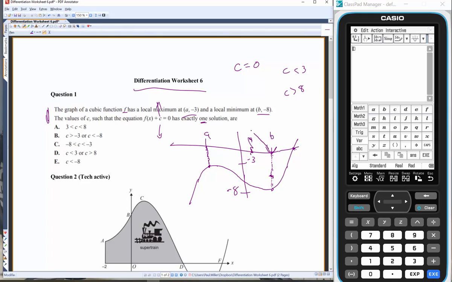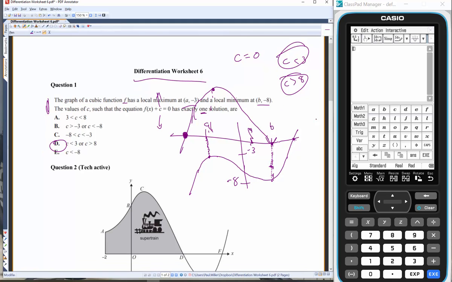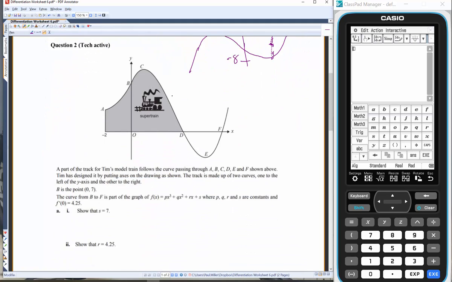Now, then we'll get like a local maximum somewhere up there, 8 units higher than it is there, and one solution will be over here, okay, when this is raised more than 8 units, okay? So our answer will be C less than 3, C greater than 8. There it is there.